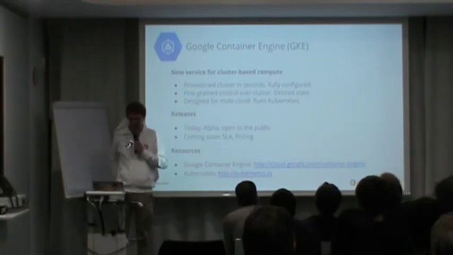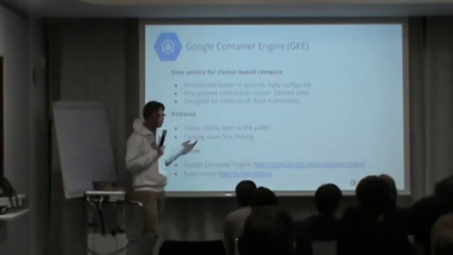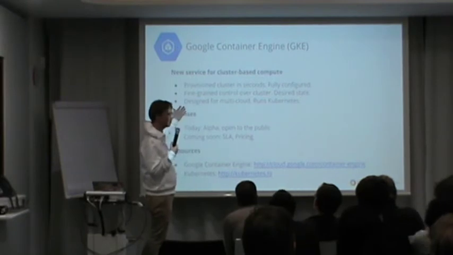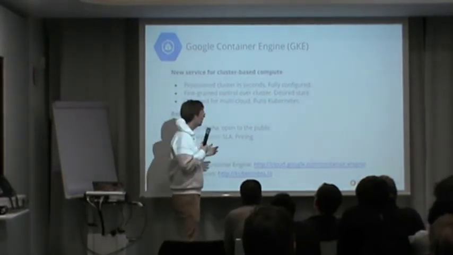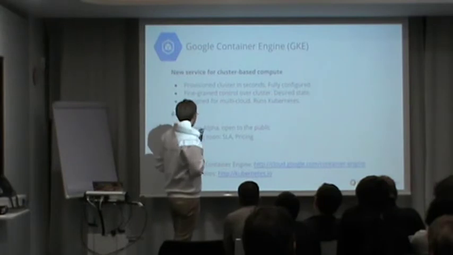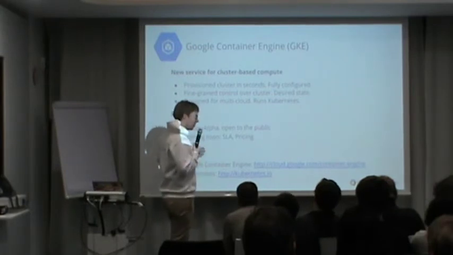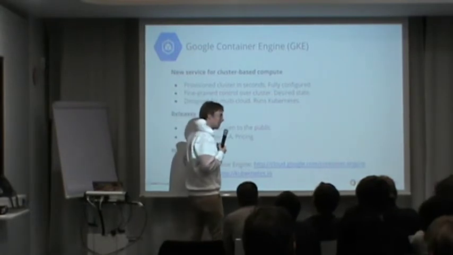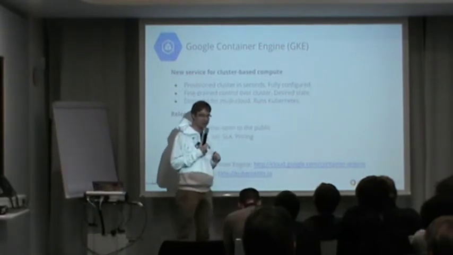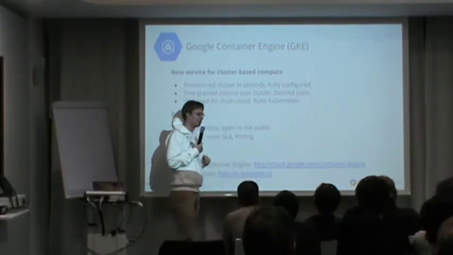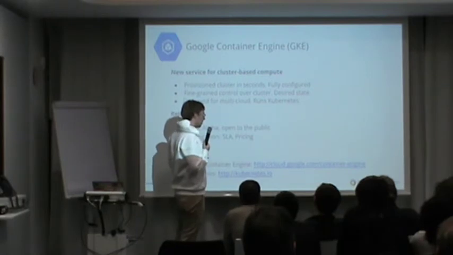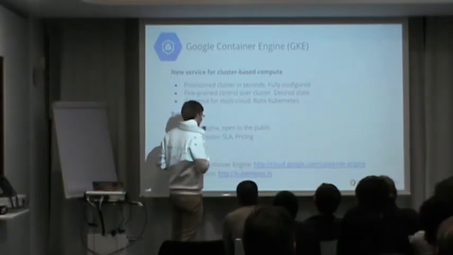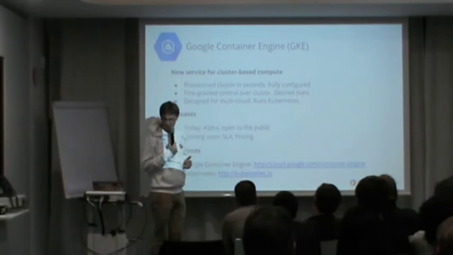You have fine-grained control of the cluster. You say exactly how much you want to run and what you want to run, and it runs Kubernetes on it. We don't have an SLA on it yet because it's still alpha. We don't have pricing on it yet, so at the moment you just pay for the VMs you need to run the containers. We don't charge anything extra for Container Engine, and we have a lot of ideas though.